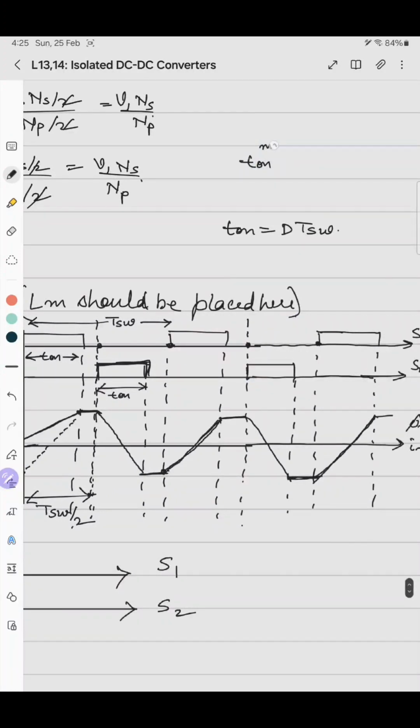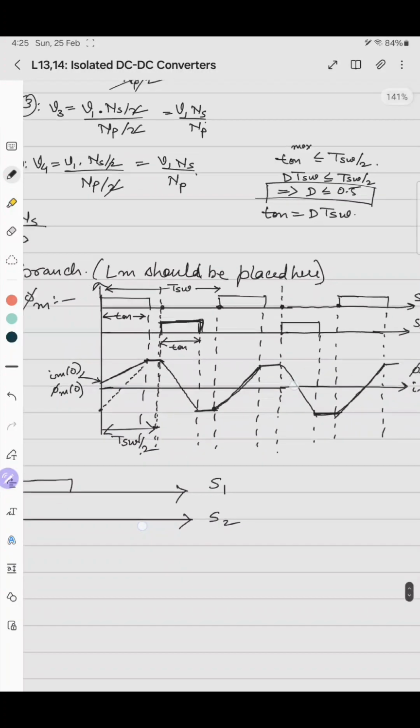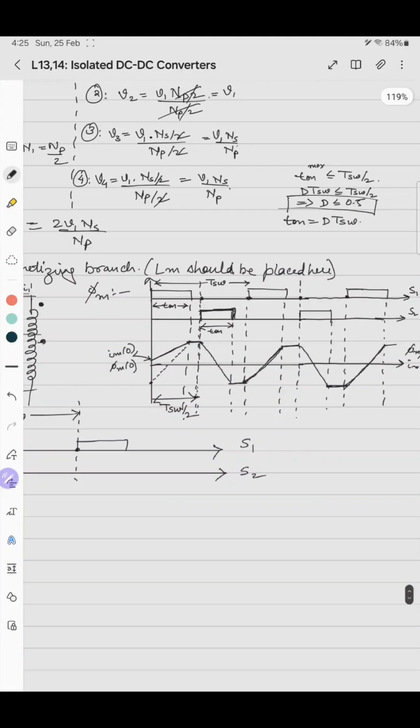So T on max should be less than or equal to T switching by 2, that is D into T switching, which means that D should be less than or equal to 0.5, or half. This is the requirement of a push-pull converter. In a push-pull converter, we cannot operate with a duty ratio greater than 0.5.